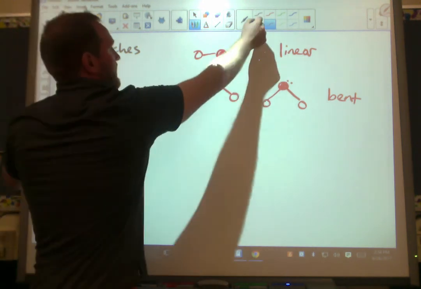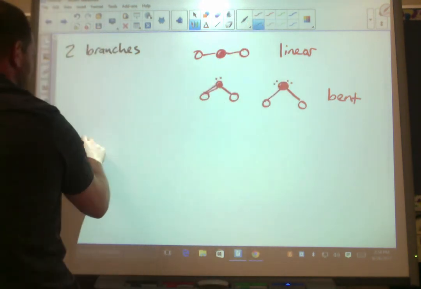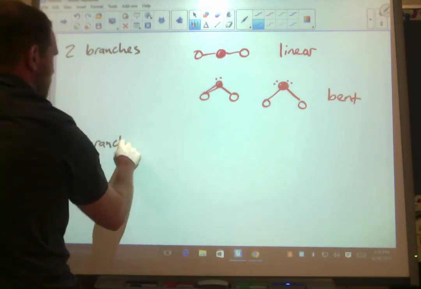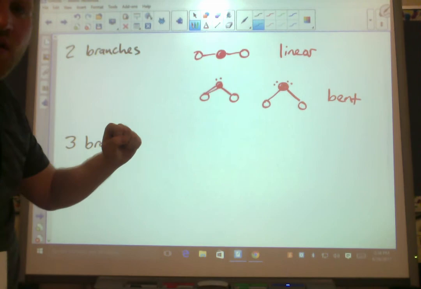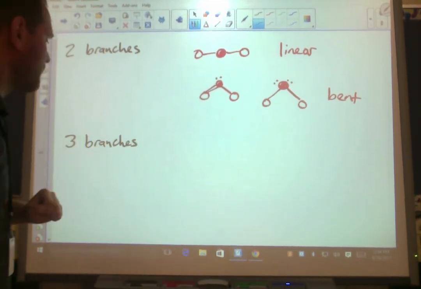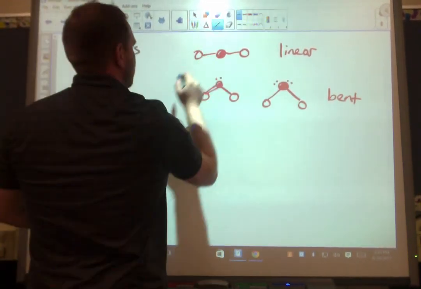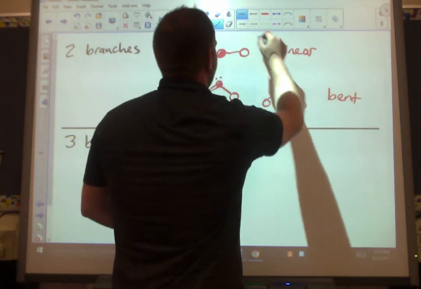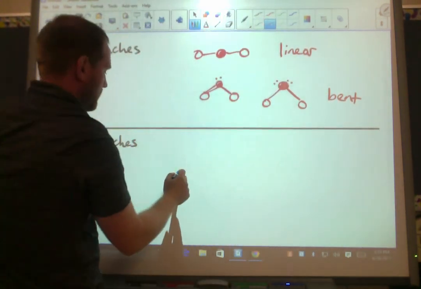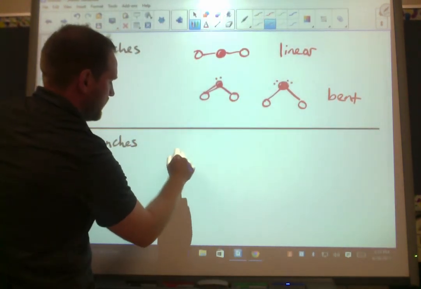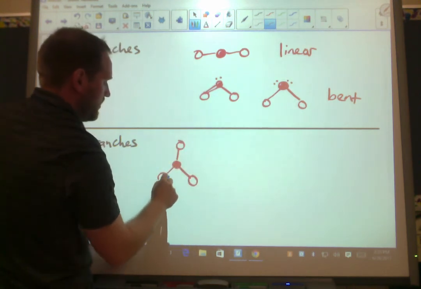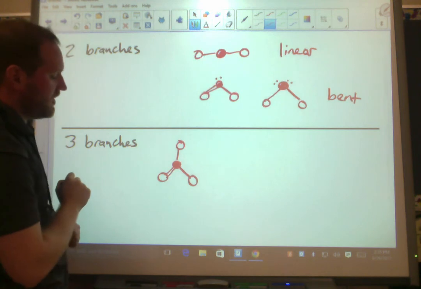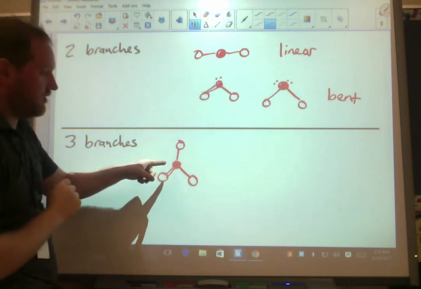Okay, if you have 3 branches, meaning a single central atom with 3 things coming off of it, well, now you have a couple options. Let me separate this. Central atom with 3 branches. One of them generally will be a double bond, and no lone pair in the middle.